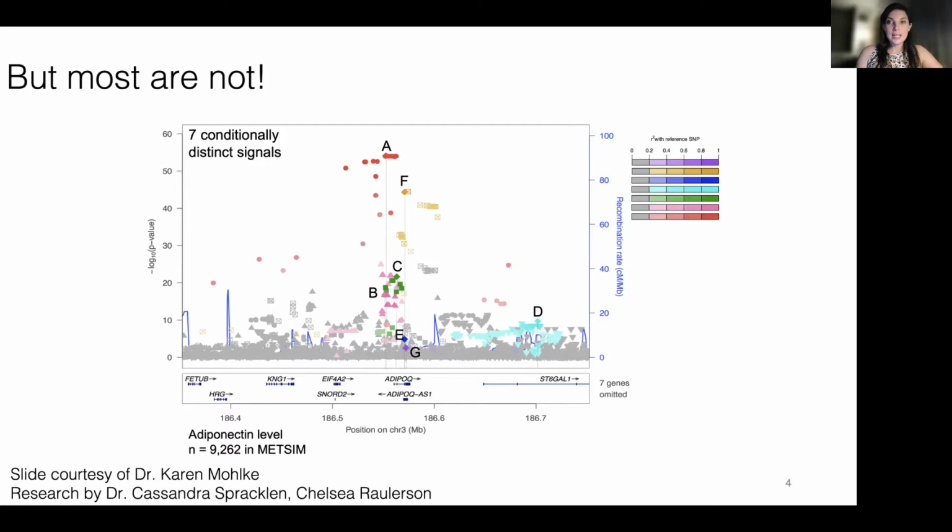And adiponectin is a protein encoded by the gene ADIPOQ. And so you can see here at the bottom that ADIPOQ is right here, and there's all these signals localized above it. But there are 7 conditionally distinct signals found from this stepwise conditional analysis, with A being the most significant, and then moving down through the alphabet. And so what's going on here, if these are independent, how are all of these things affecting this gene or nearby regions? That's the question, and that's what we're going to focus on today.